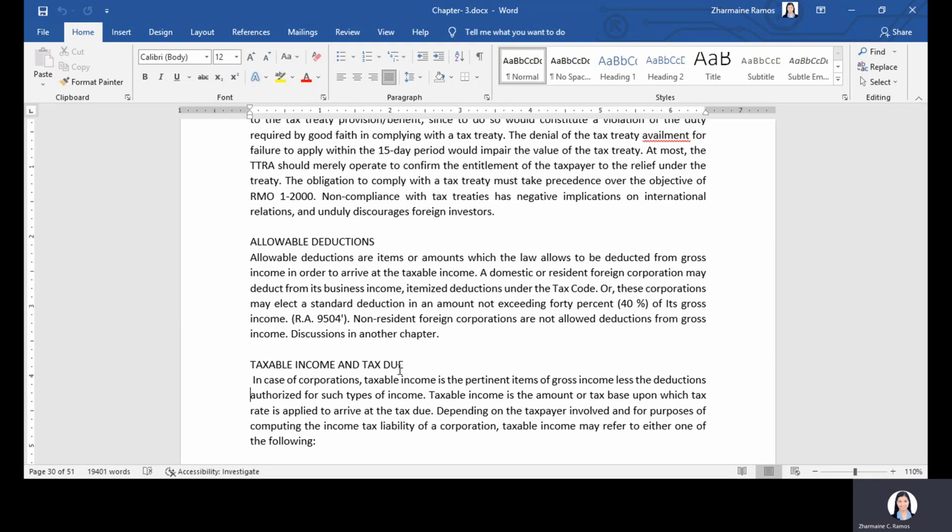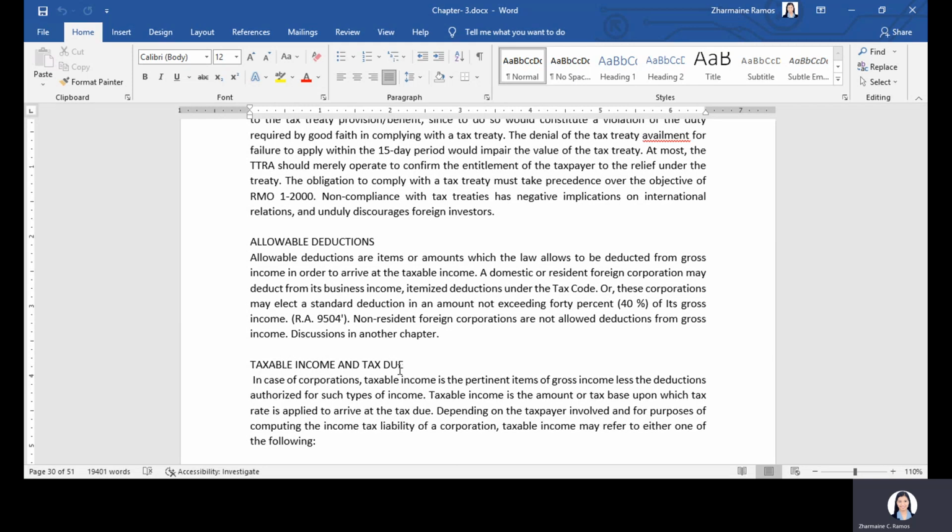Tax due. So, in case of corporations, taxable income is the pertinent items of gross income. So, ito yung gross income minus the deductions authorized for such type of income. Yun yung tinatawag na taxable income. So, it is the amount or tax base kung saan mo i-multiply or i-apply yung tax rate.